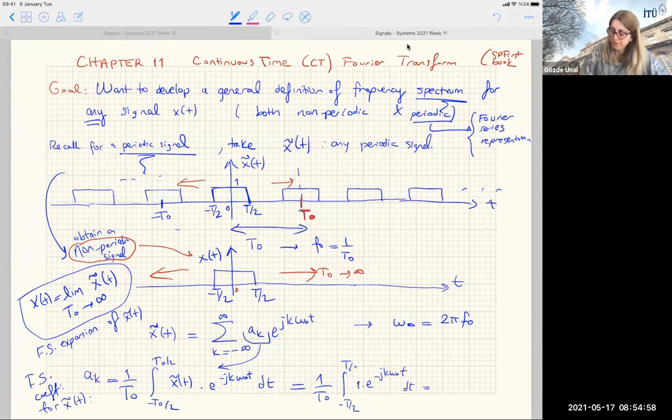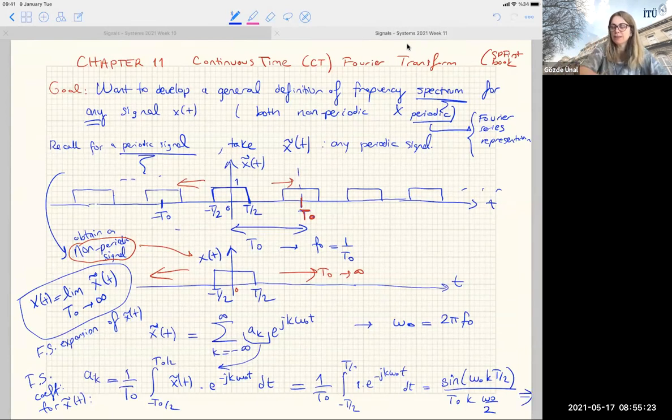It would be, I think we've derived this before, sine of ω0 k T over 2, over T0 k ω0 over 2. This is what we have for a_k. I'll rewrite this on the next page. You can do this, right?